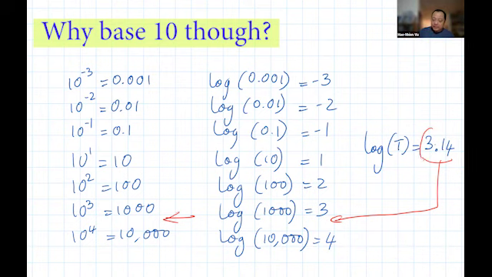Just by seeing that the logarithm of t starts with 3, I know that t itself, the quantity that I'm working with, is somewhere in the range of having 3 zeros, meaning it's some thousand. It's not as high as 10,000, but it's in the thousands.